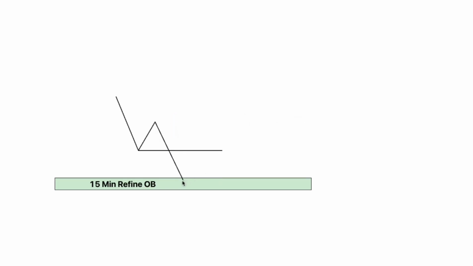After that, you want to wait for a market structure shift or change of character. If you see price retrace, not that low, it should not refill this fair value gap below here. It should create another higher high, or you could say break of structure. So we have a market structure shift here, and we also have a break of structure.